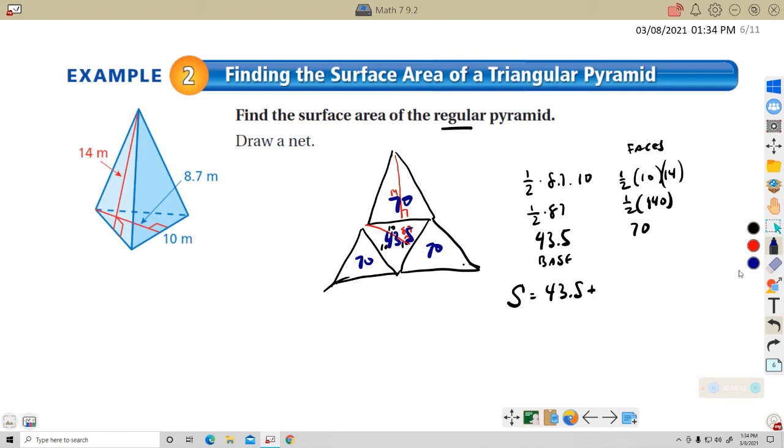And I apologize for the sloppiness. 43.5 plus 3 times 70. So 43.5 plus 210. So this is going to be 253.5. That's my surface area.